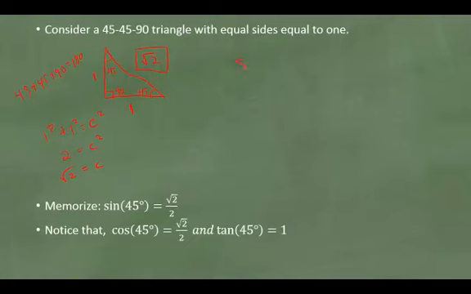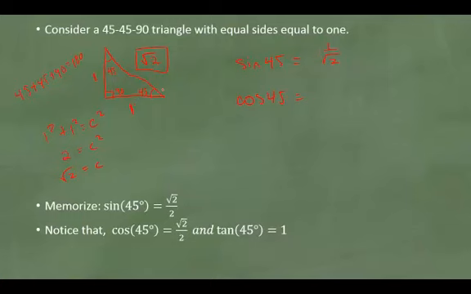What does that say about sine 45 and cosine 45? Sine of 45 is opposite over hypotenuse, 1 over the square root of 2.